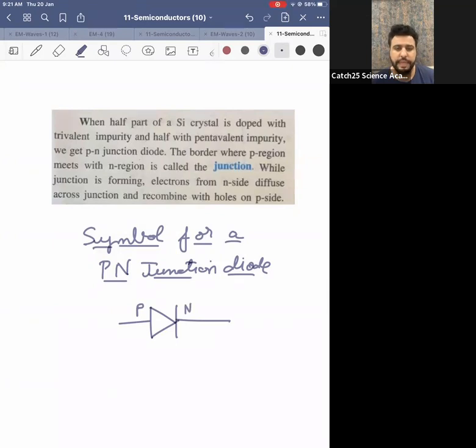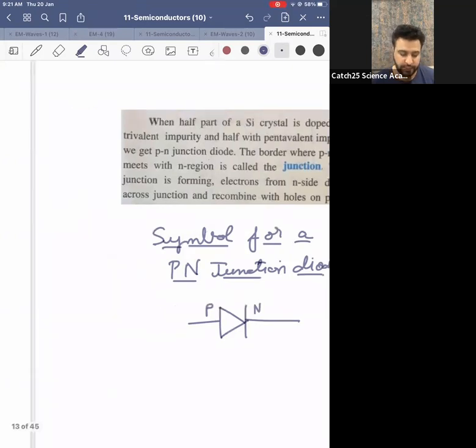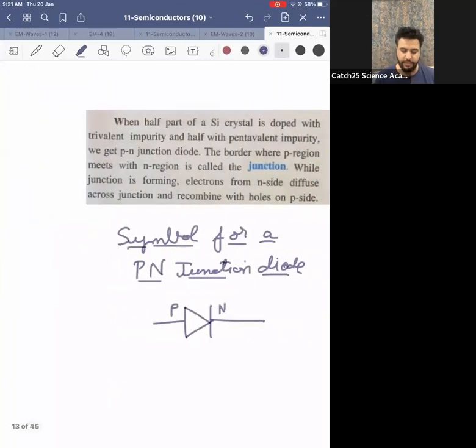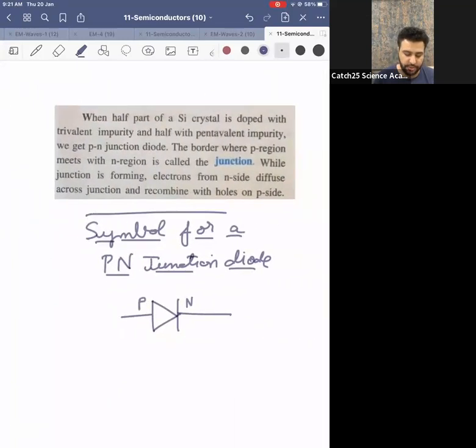And look at the symbol. Now, in future, instead of drawing this whole diagram, there is a symbol for this. So draw this symbol for a PN junction diode.